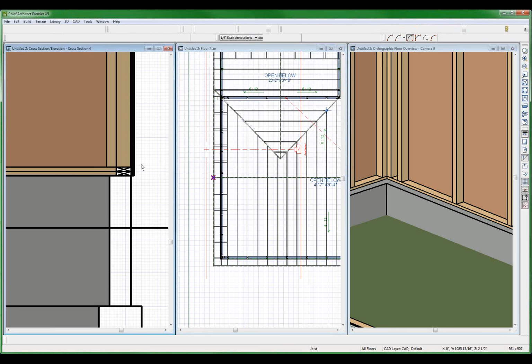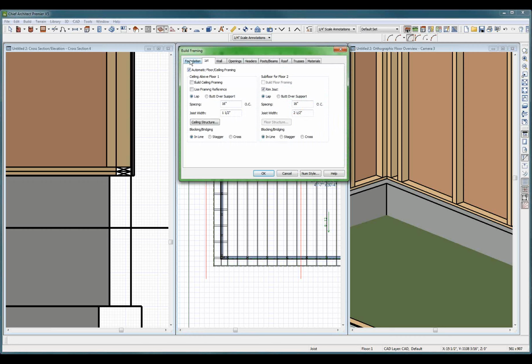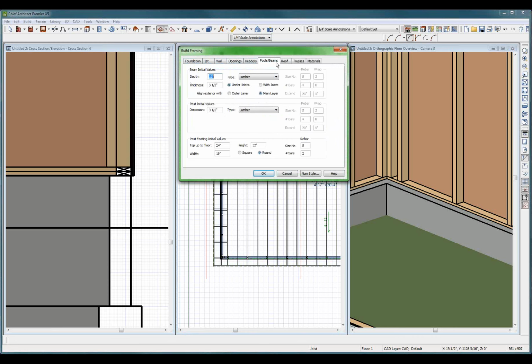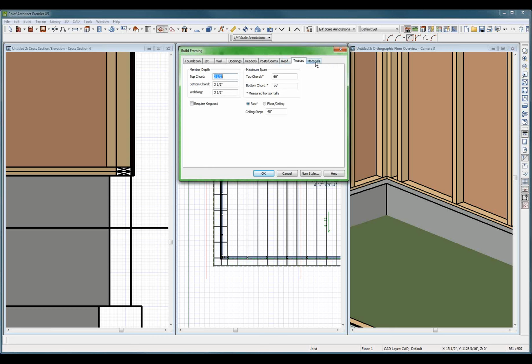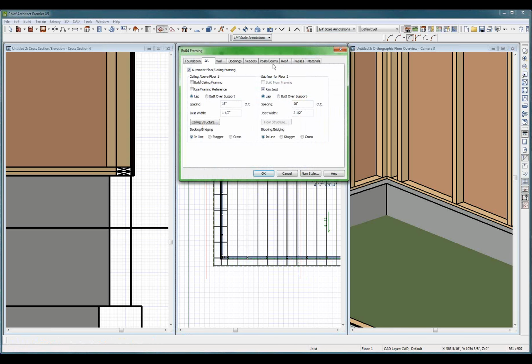Suppose if I make this... Oh, do I have my automatic framing on? That's the question. Automatic. I don't know. So let's go back here to framing.